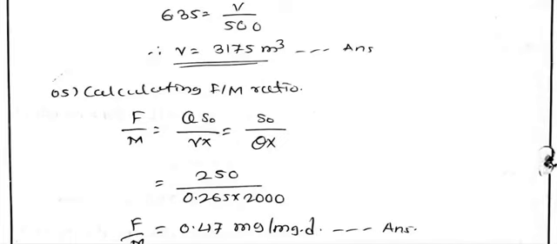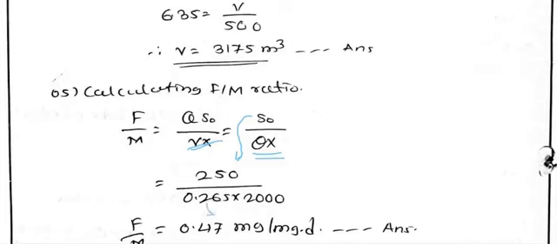You can use this formula, or you can use this formula. It is up to you. So we have S0 is 250. So we take 250. The theta value is calculated, which is 0.265, in terms of day.